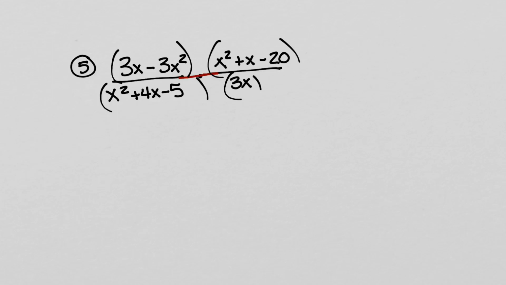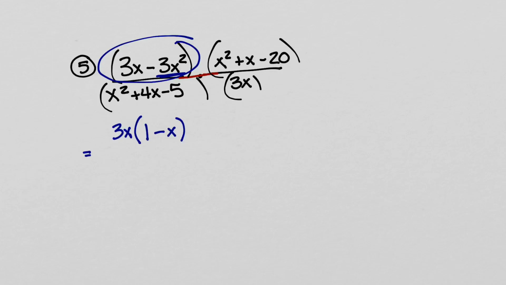Well, I can take out a 3, and they each have the term x in them, okay, because I'm doing just this one right here. I can take out a 3 and an x, and if I do that, I have 3x divided by 3x is 1, and then I have minus 3x squared divided by 3x is just going to leave me with an x.